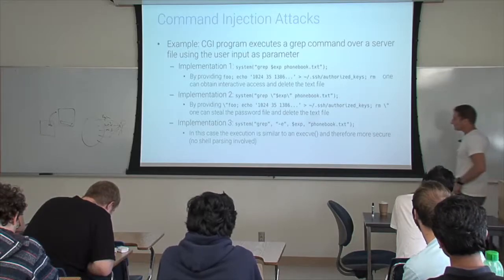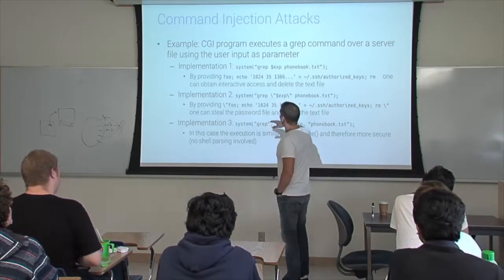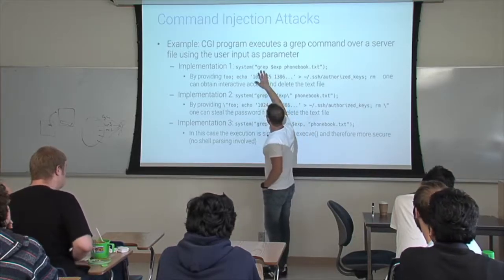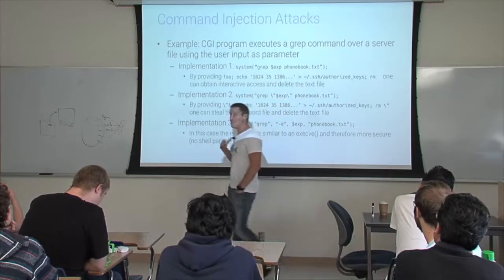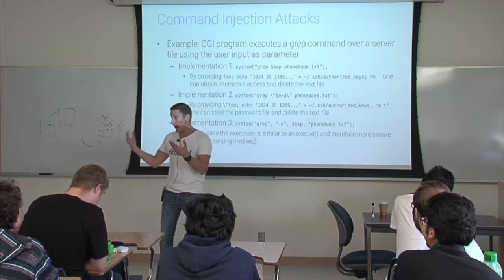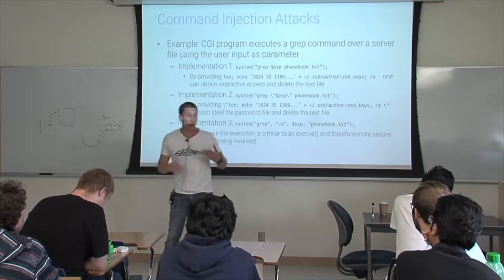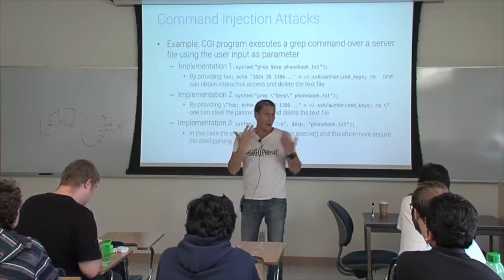If you think about the classic CGI implementation, suppose that you want to do grep on the user input on some phone book because you say, hey, I created this awesome CGI script. I have these text files with all these names and numbers. I get the user a number.